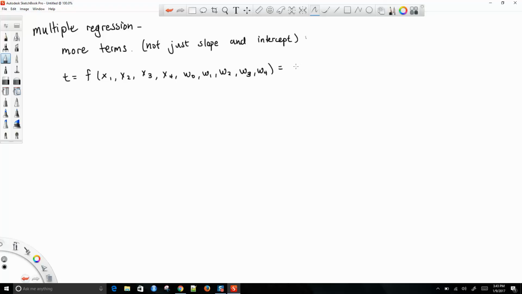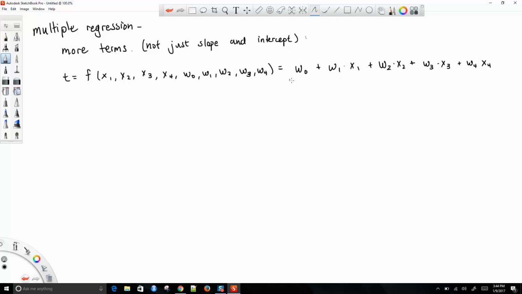Okay, and this we could say, oh man, I regret how many things I've put here. But you have the intercept and the slope for x1 plus the slope for x2 plus so on and so forth, right? And you would have a bunch of values here, okay?